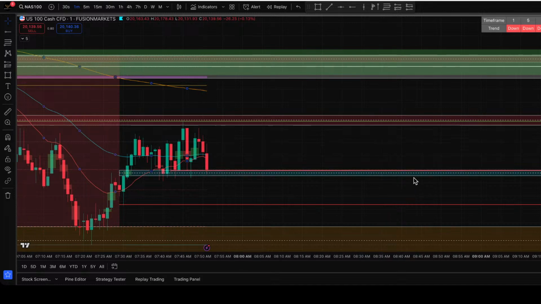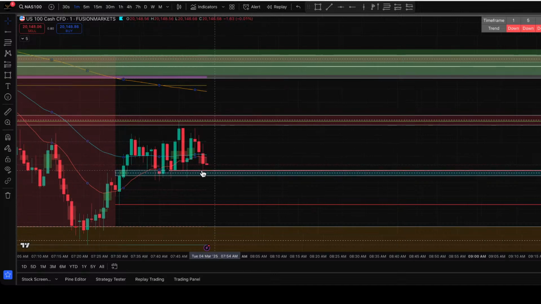18 seconds. So nothing's closed below that red line yet. Maybe this next candle will.